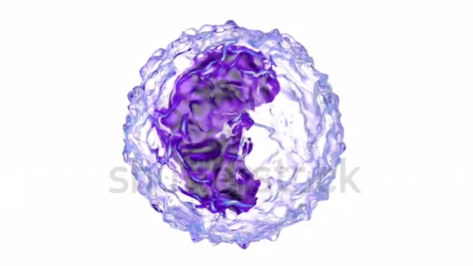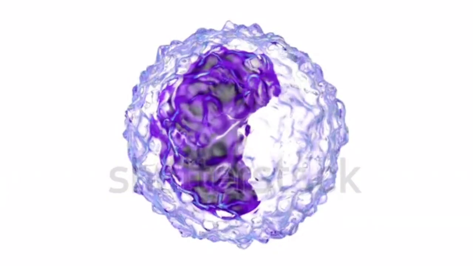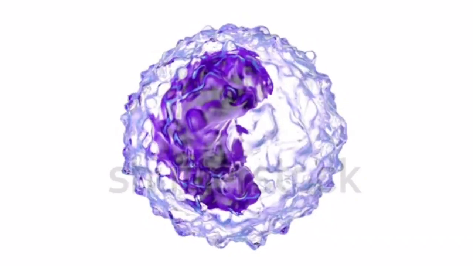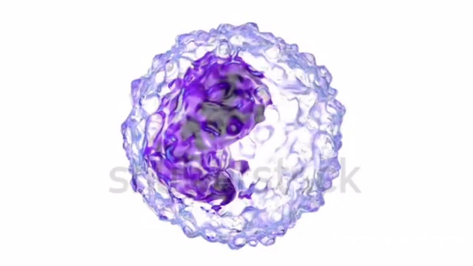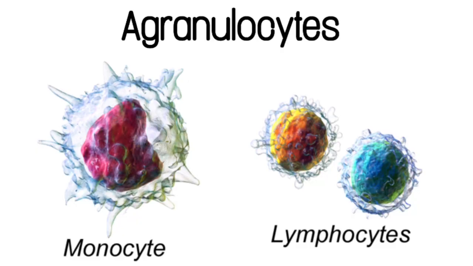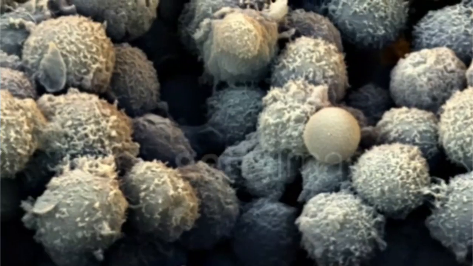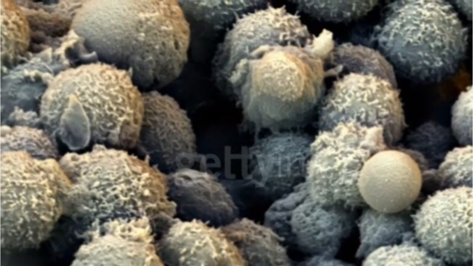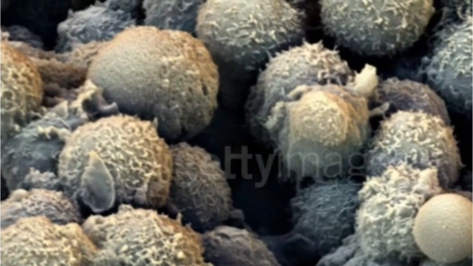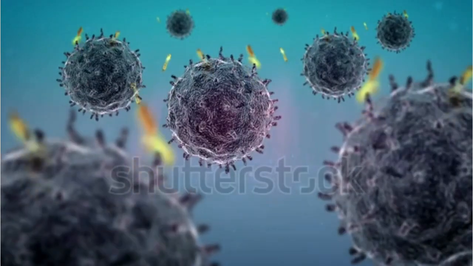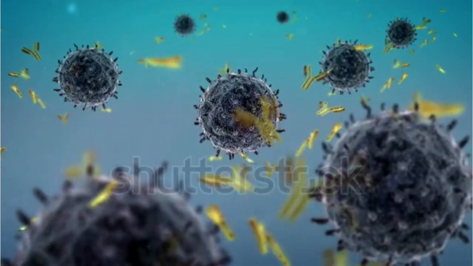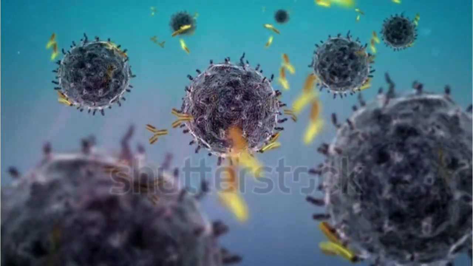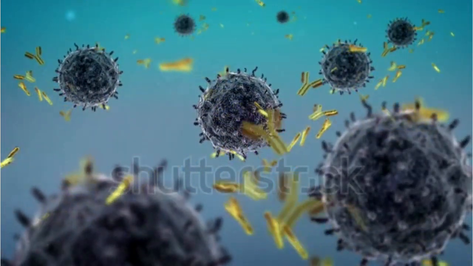Next we'll come to agranulocytes, which means the cells which do not have granules. That means there's an absence of granules in their cytoplasm. These agranulocytes are divided again into two types, lymphocytes and monocytes. Lymphocytes have a large rounded nucleus and these are non-phagocytic in nature, but they produce antibodies and 20 to 25% of WBCs constitutes lymphocytes.